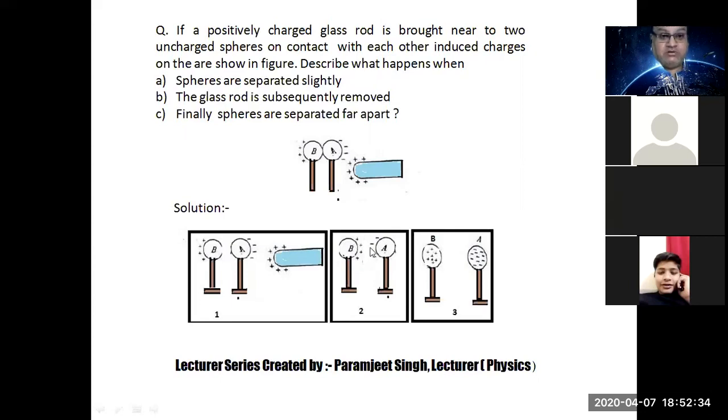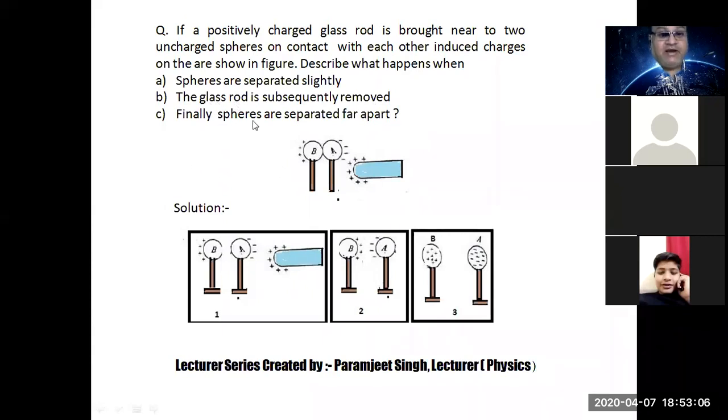Why? Because now they are free, the glass rod is not there. The class teacher is not there in the class. The glass rod is the class teacher. Now students are free to move according to their liking or disliking, but here the case is liking. Positive and negative charges attract each other and move towards each other because the glass rod is not there. So that is the answer to the second part.